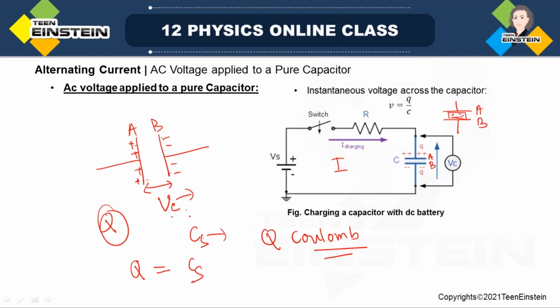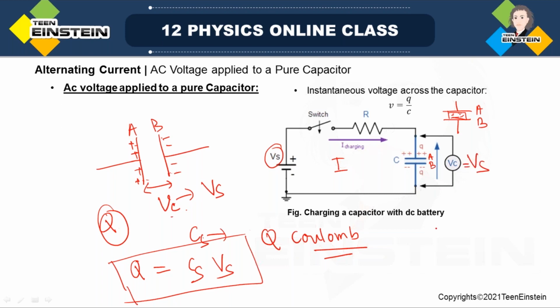See, this is your capacitance Cs, the capacitance of the capacitor. When this capacitor gets fully charged, the voltage across it will be the same as the supply voltage, that is Vs. So this is the expression for the maximum charge which will be accumulated in this capacitor.